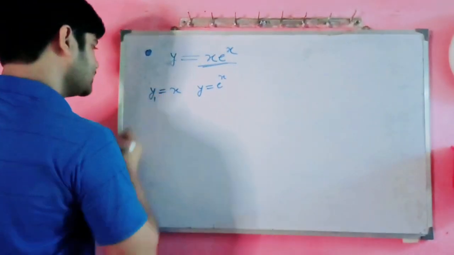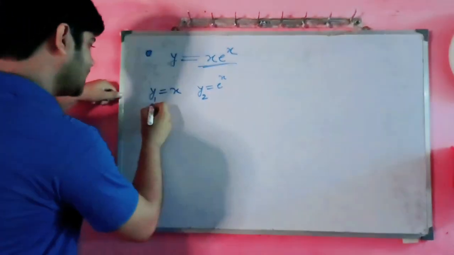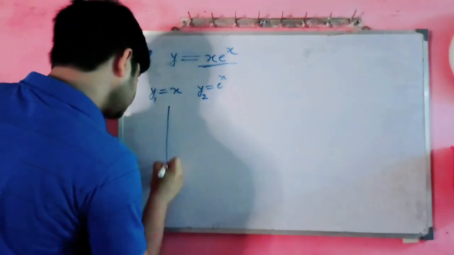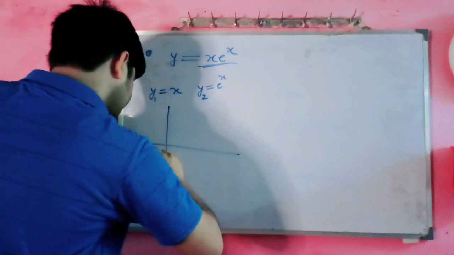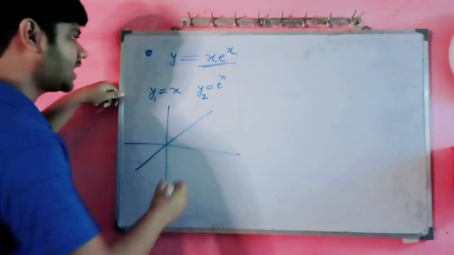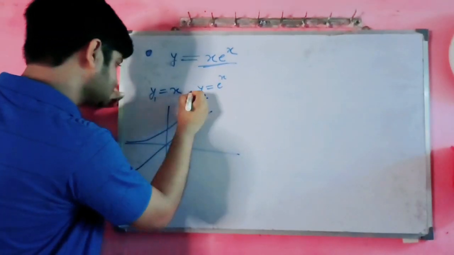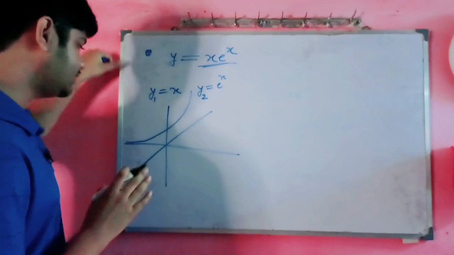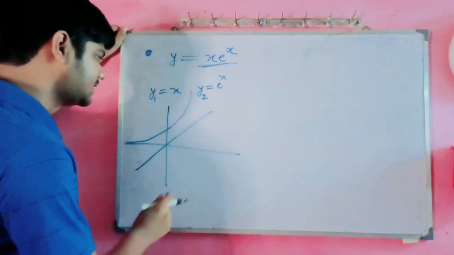Say this is y1 equals x and y2 equals e to the x. We know that it will look like this, and this one looks like this.